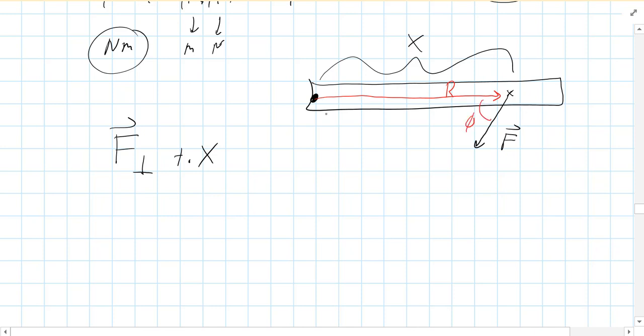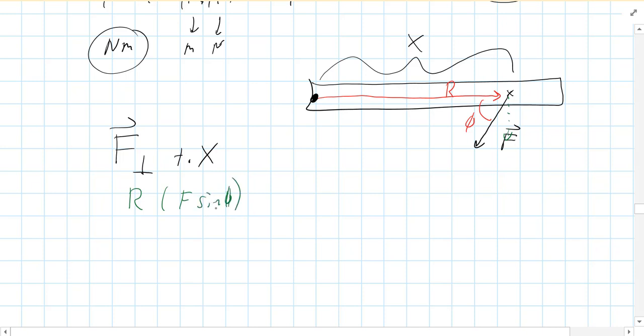What component of F is perpendicular to r? Well, this little green component I just drew. How would you calculate that component of the force? You do F sine phi. So in this case, you're doing r times F sine phi.